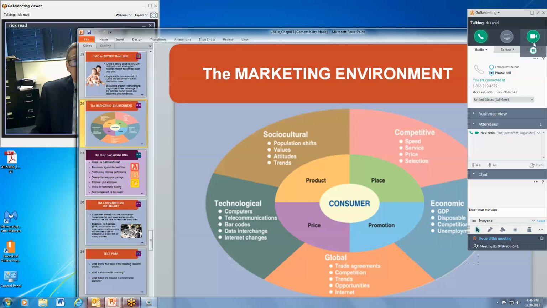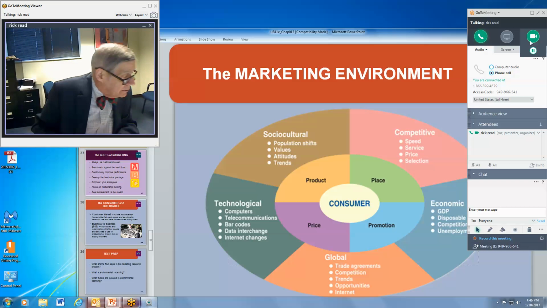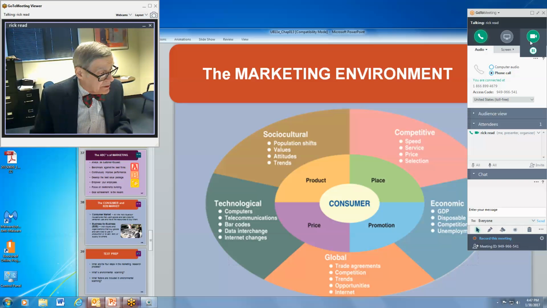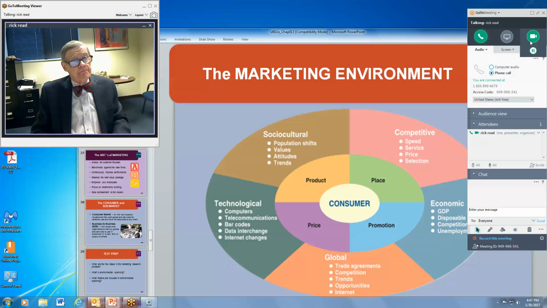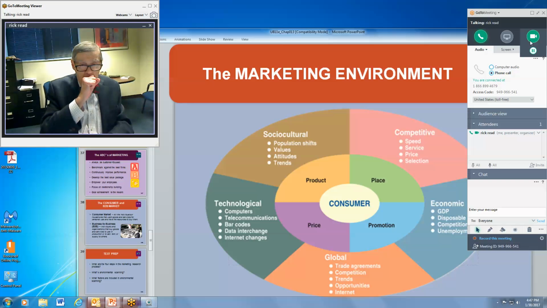Now this is the marketing environment. You can see what we have here on the slide graphically displayed in your text, figure 13.5 at the top of page 373. You see the customers in the center, the 4 Ps around it, and then these different areas within the environment: socio-cultural, competitive, economic, global, and technological.